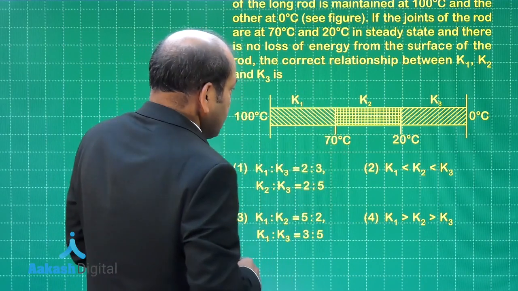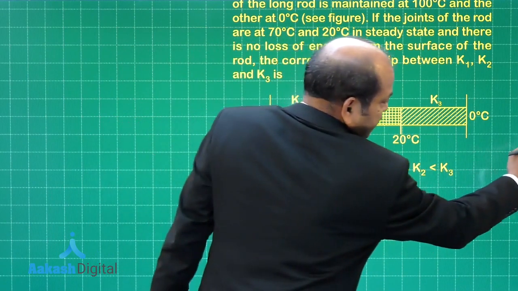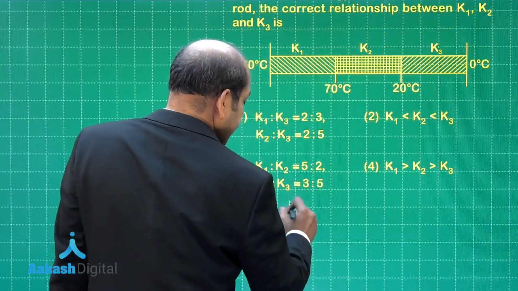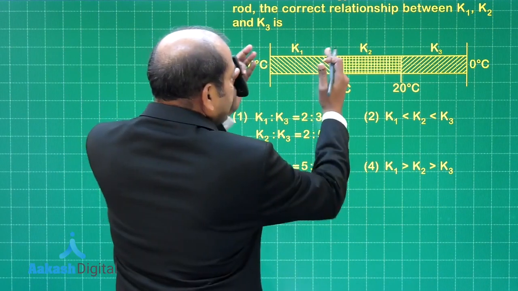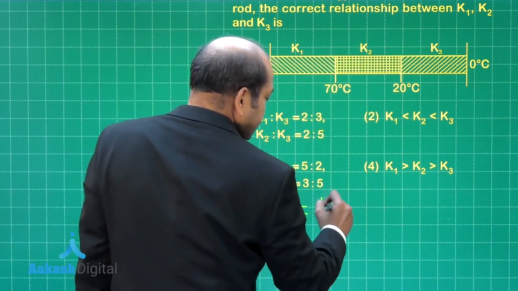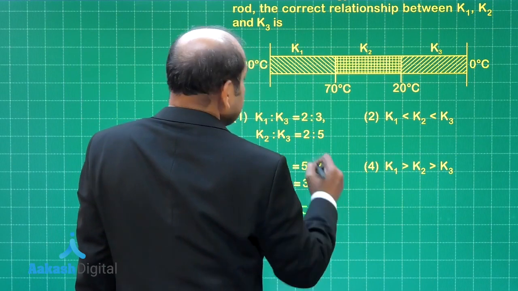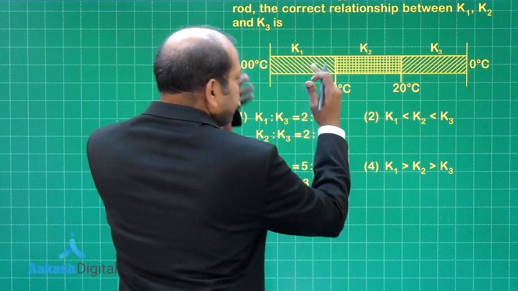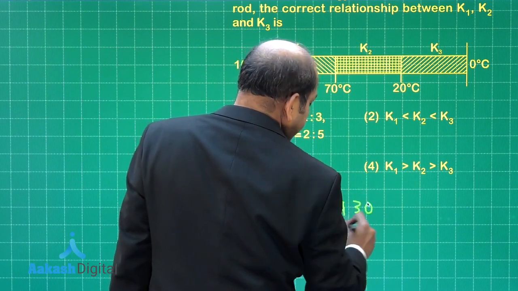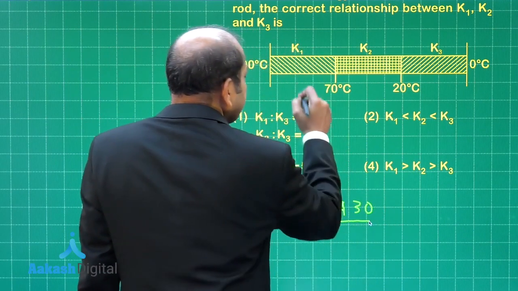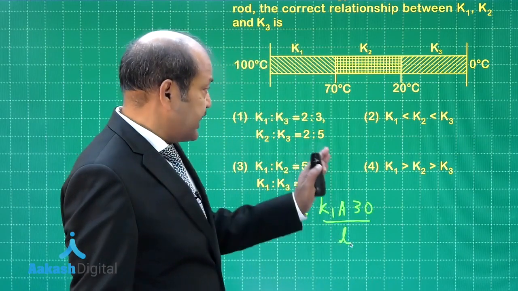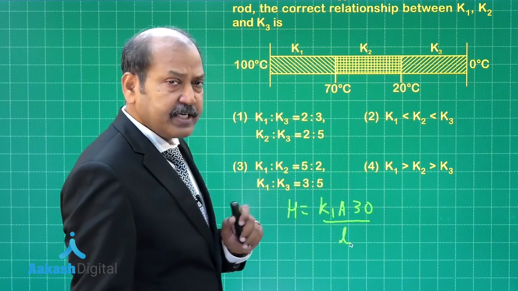So, the equation for the heat current is given as heat current H is equal to, for the first segment, K1, the thermal conductivity, multiplied by area of cross section into the temperature difference, which is 100 minus 70 or 30 degree C, divided by, let us say the length of each segment is L. So, this is the heat current for the first segment.